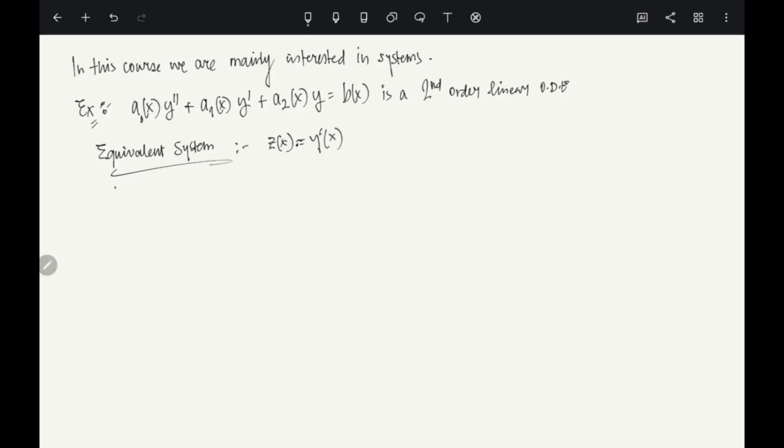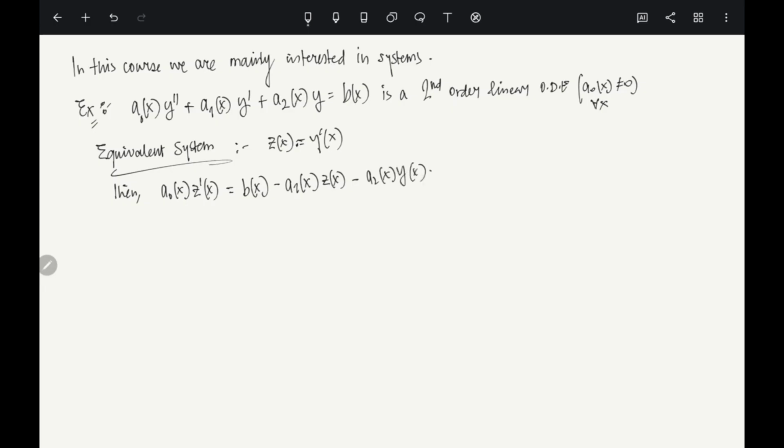If you do that, then our equation, and of course here I am assuming a naught of x is not 0 for all x, will turn out to be z prime of x equals b of x minus a1 of x z of x minus a2 of x times y of x, all divided by a naught of x.